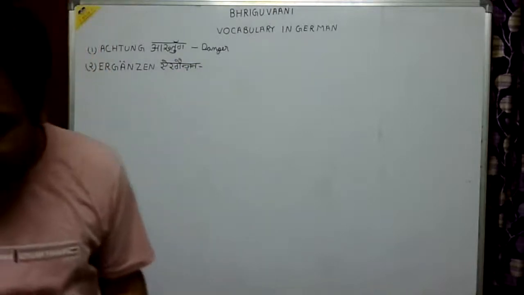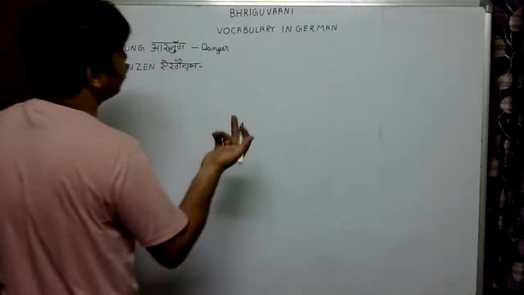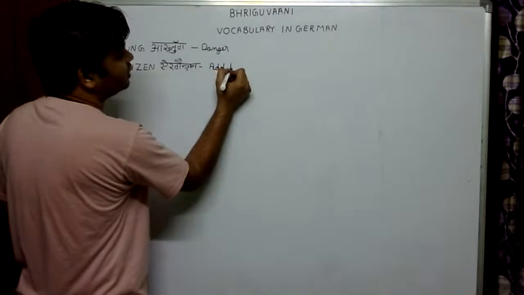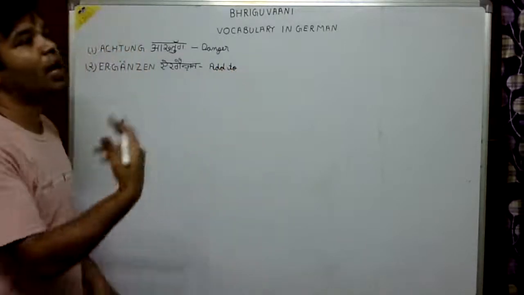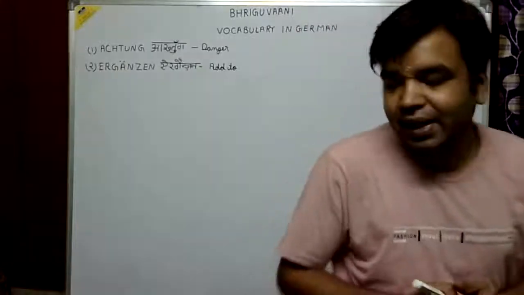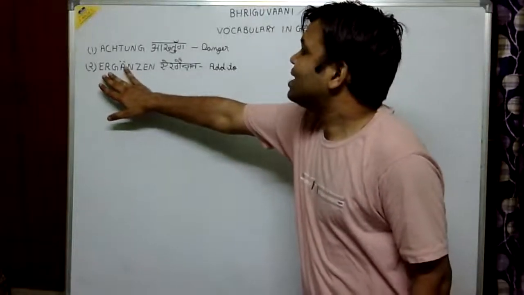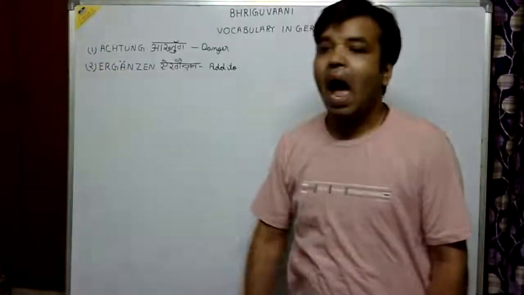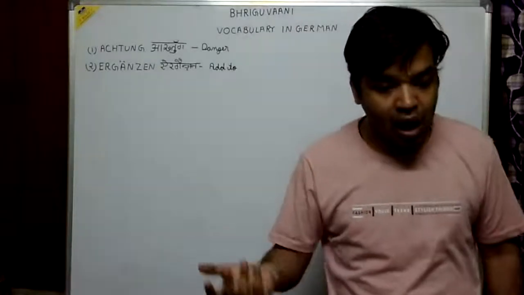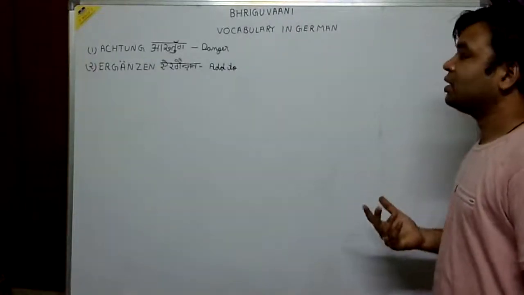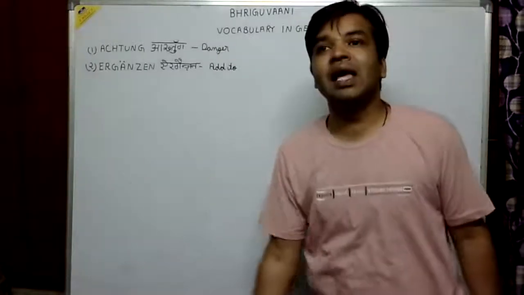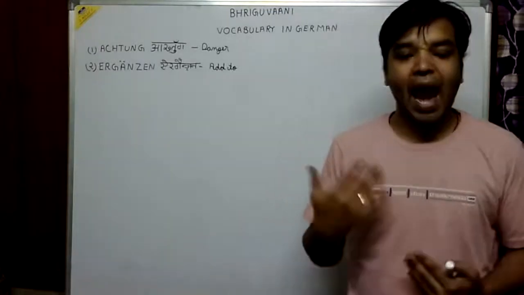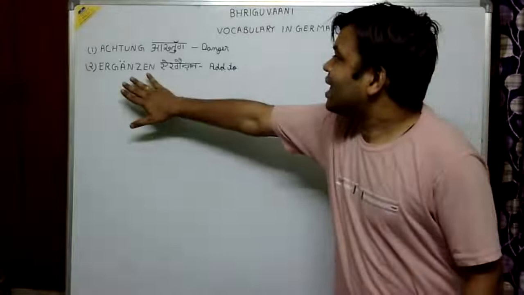And what does Ergänzen mean? Ergänzen means add, add to. When we are going to add something to any other thing, then we call it Ergänzen. First word is Achtung, Achtung means danger. And the second word is Ergänzen, which means to add something to anyone. When we are going to add something, then we say Ergänzen.